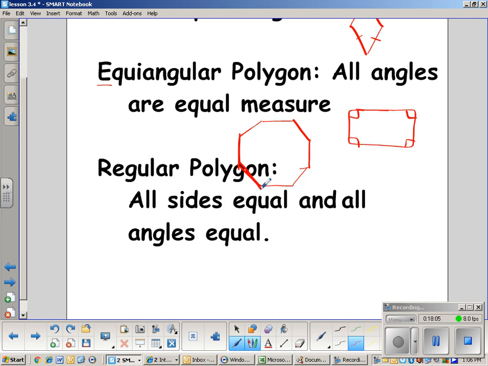Okay? That's a regular octagon because all of these angles, I mean, it's not really drawn that way, but that's the intent. All those angles are the same. Okay? And all these sides are the same. That makes it regular. Okay?